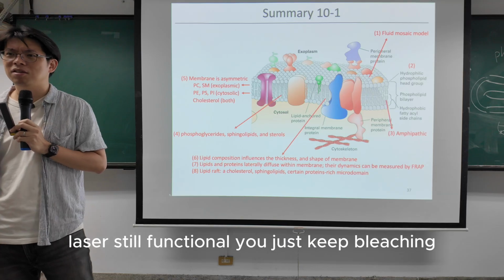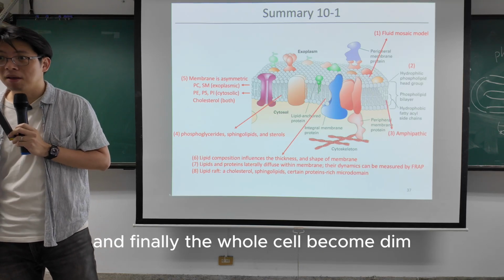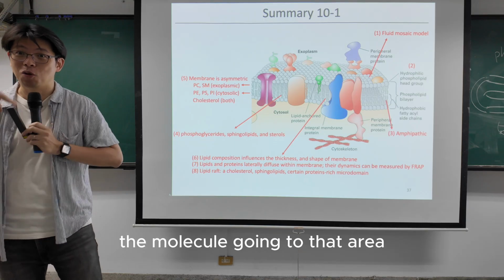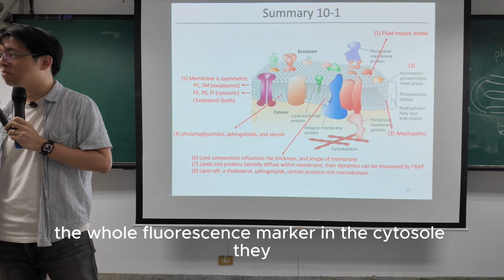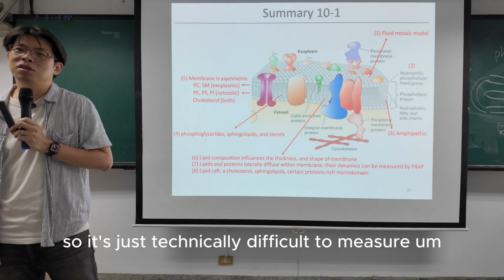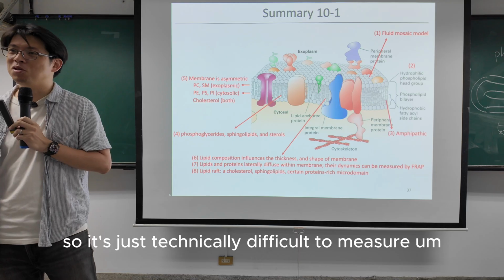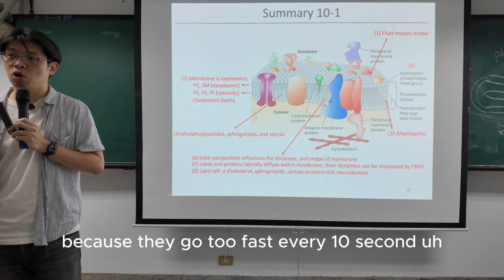Are the lasers still functional? You just keep bleaching, and finally the whole cell becomes dim because molecules keep going into that area, and finally all the fluorescent molecules in the cytosol are gone. Okay, so it's technically difficult to measure the dynamics of soluble molecules because they go too fast.